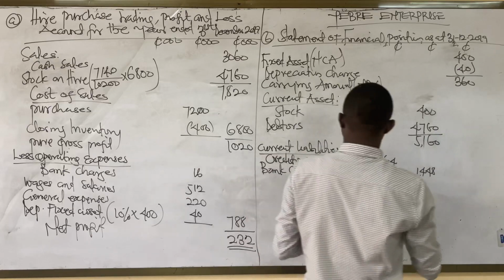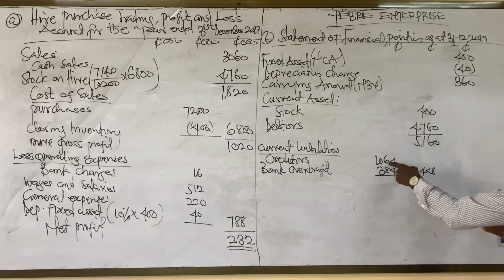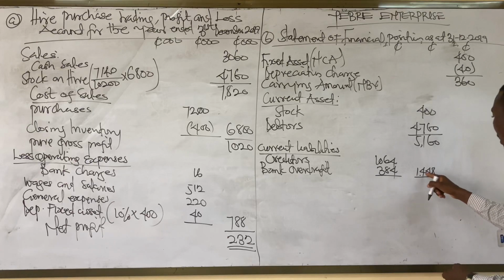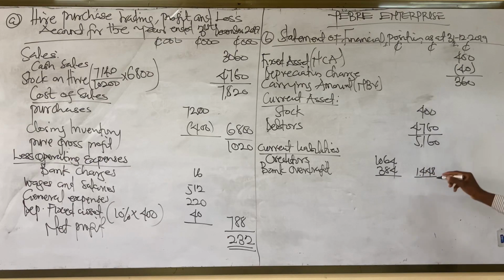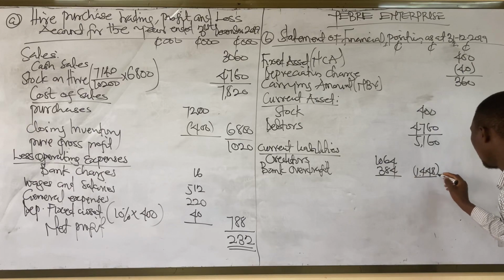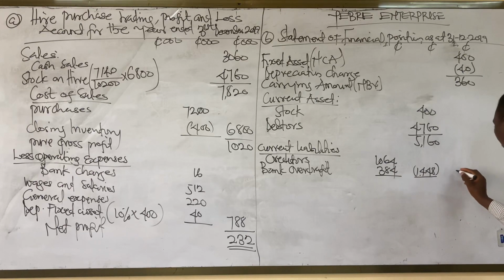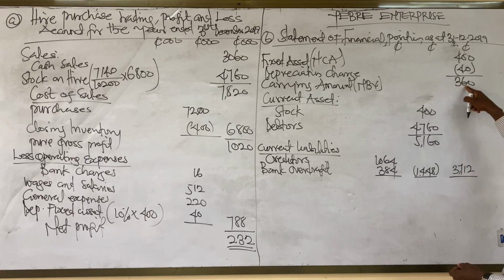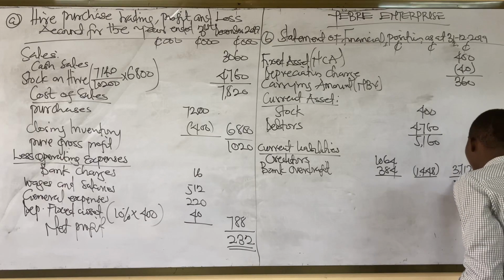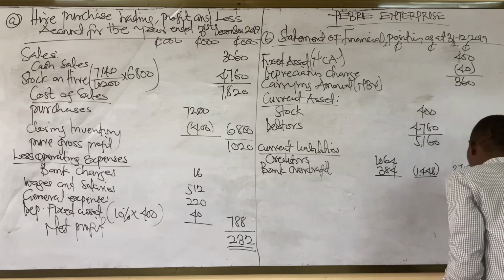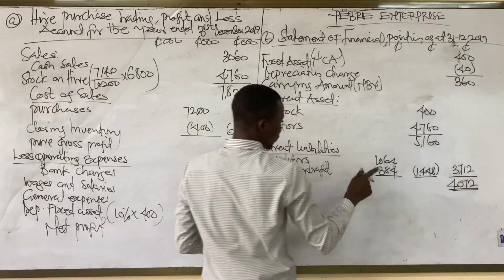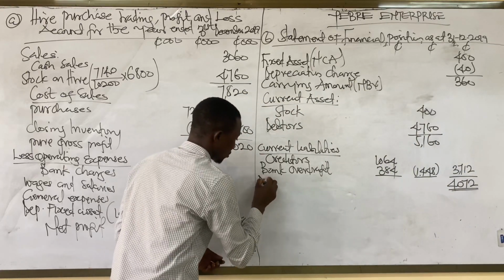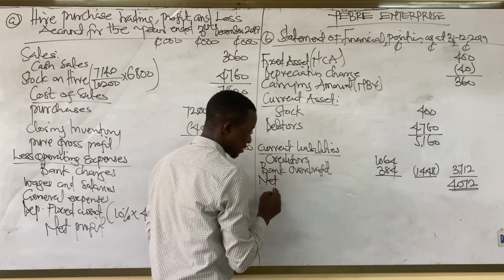Is that okay? Then we take the current liabilities from the current assets. So when we take this out, we arrive at an amount of 3,712. Is that okay? Then we add this to the total non-current assets, and that is 4,072 as the total net assets of the business.